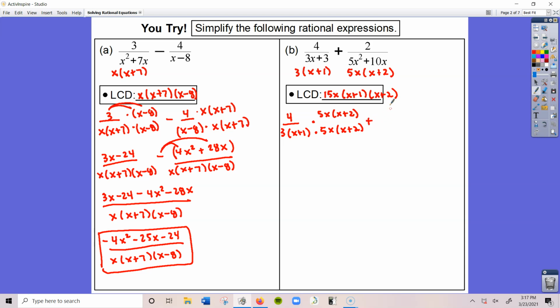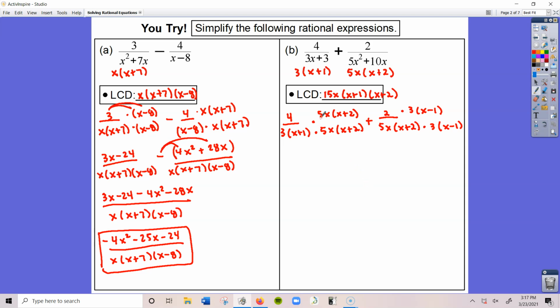Plus. Now over here we have 2 over 5x times x plus 2. So to make this denominator the same as the least common denominator, we need to multiply by 3 times x minus 1. And so we need to do the same thing to the numerator.